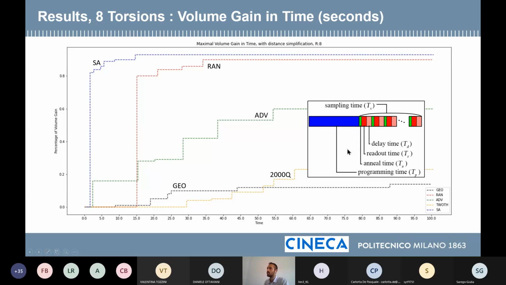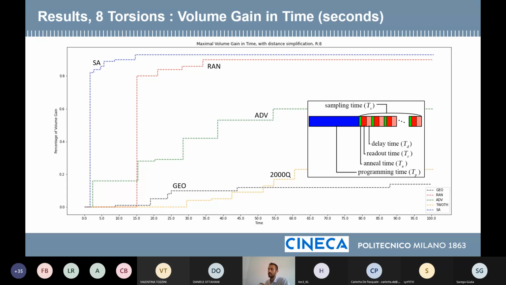Also, you have to think that this device needs some time to sample. They need some programming time. So usually you run the D-Wave with each annealing cycle lasting 1 microsecond, and you run it 10,000 times.